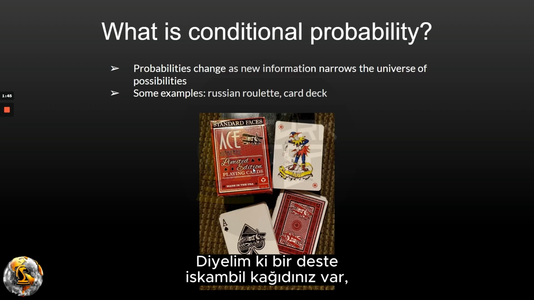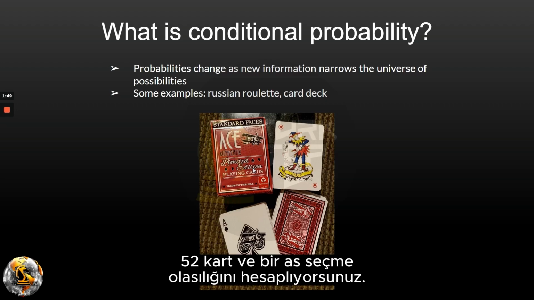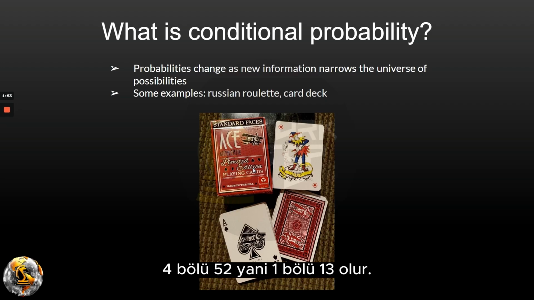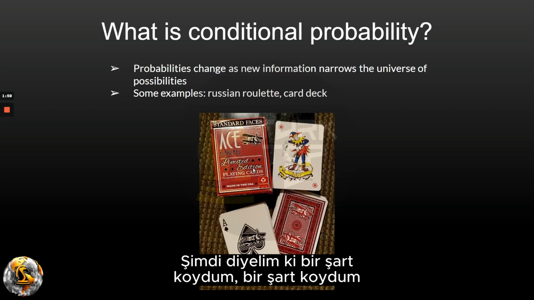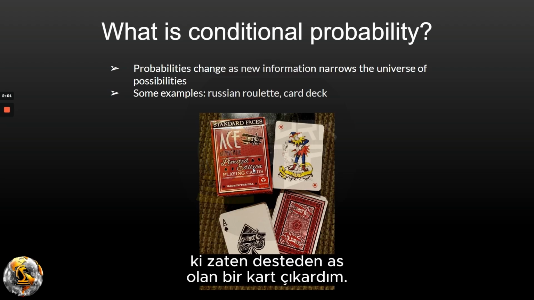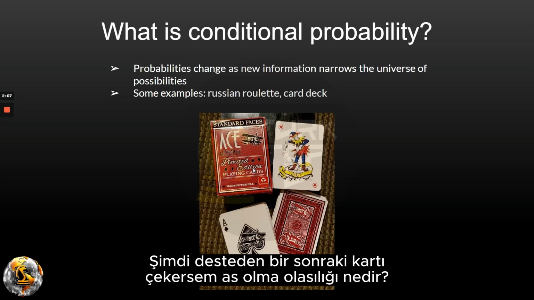Let's say you have a deck of cards, you have 52 cards, and you will calculate the probability of picking out an ace. So that would be 4 divided by 52, that's 1 by 13. Now, let's say I put a condition. I put a condition that I've already taken out a card from the deck that was an ace. Now, what's the probability of the next card being an ace if I pull it out from the deck?